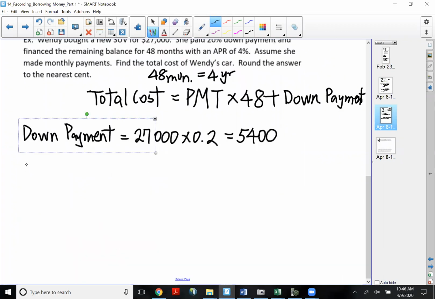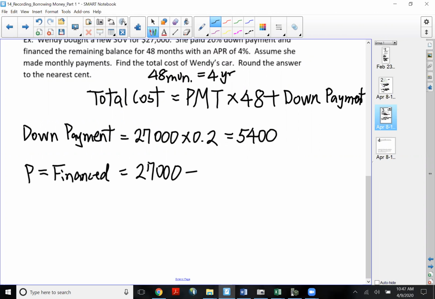So what's her principal? How much money did she finance? Well, the price was $27,000. She is going to put $5,400 down. So that means she will only finance $21,600. Okay. So now we have P, we have our time, and we have R. So now we can figure out her monthly payments.